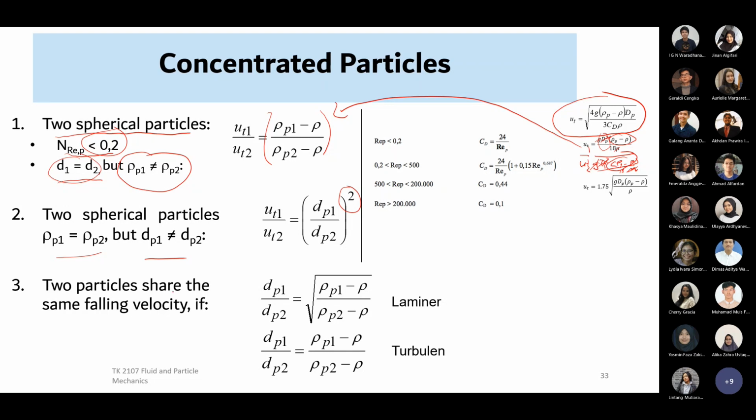If two particles share the same falling velocity, it will only happen if your dp1 per dp2 follows this ratio of density. But if it's for turbulent, then it's first order. So it's just a quick summary.